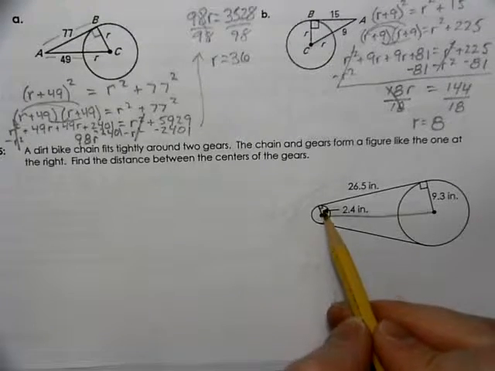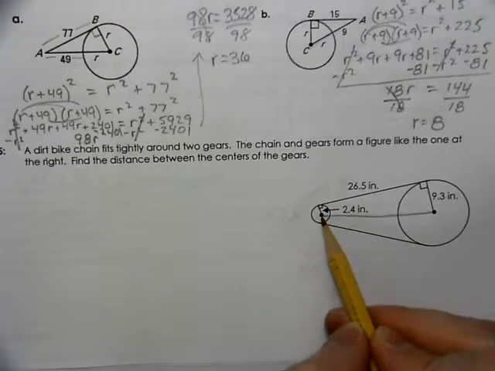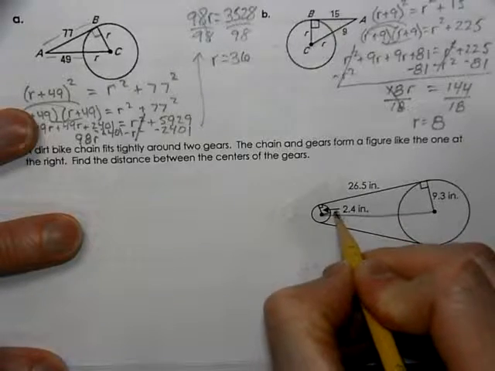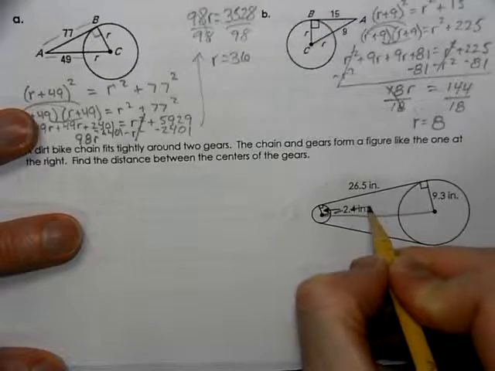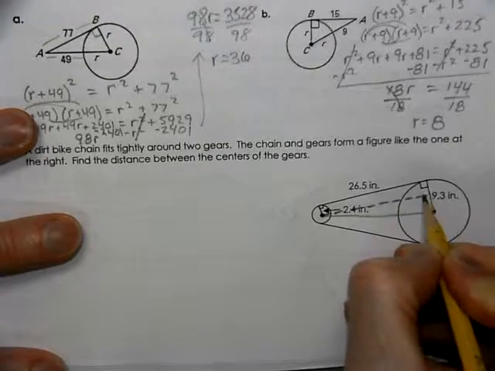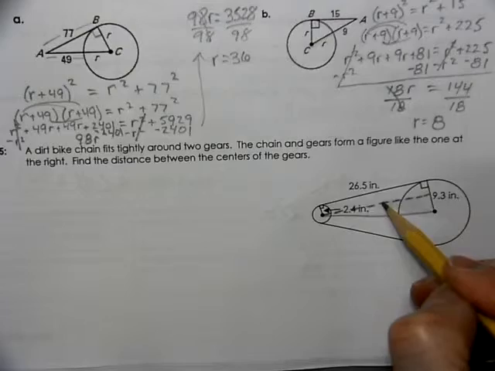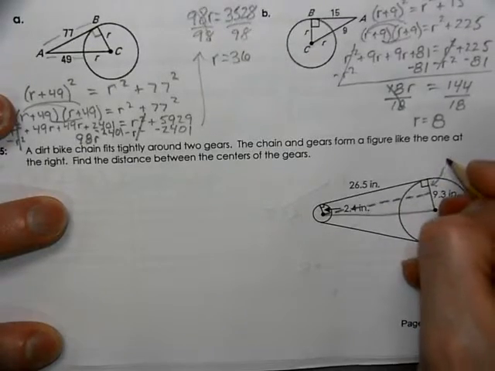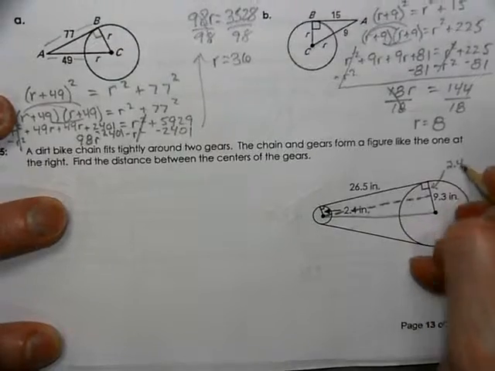So we see that this is 2.4 on the way down. If I was to draw in a new line that was parallel to this one, then this portion here would also be 2.4.